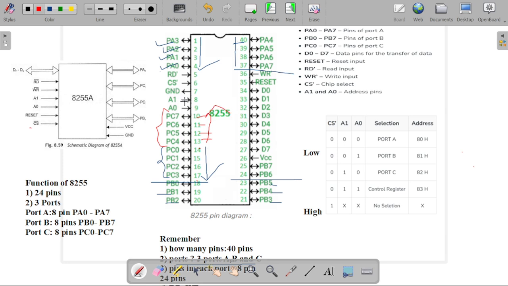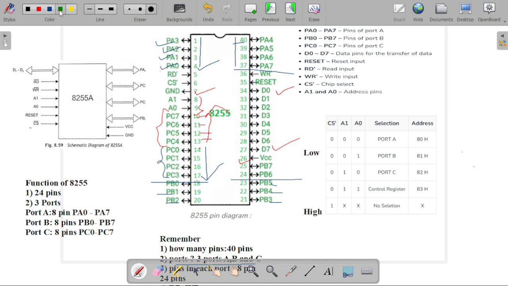Now there are 2 address lines available, that is A0 and A1, and they are given at pin number 8 and pin number 9. In total there is an 8-bit data bus, that is D0 to D7. The ground and VCC connections that we have drawn here are at pin number 7 and pin number 26.